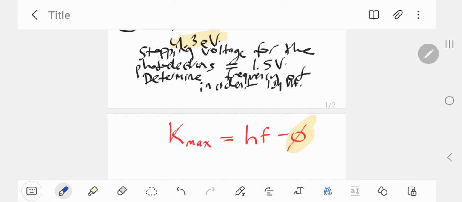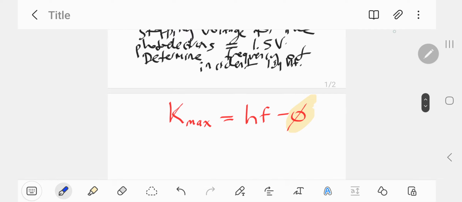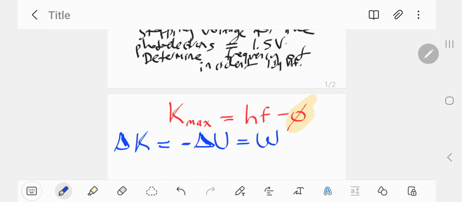We need to go back to Year 11, Module 4, Electricity and Magnetism. We know that from the law of conservation of energy, the change in kinetic energy is equal to minus the change in potential energy, and that's just equal to the work done on a particle.